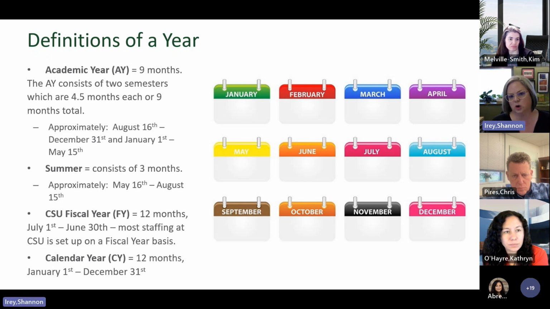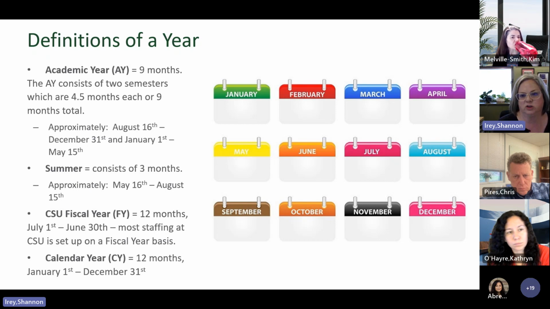But it's important to know what the academic year is when we have students on our projects, because we need to be setting up the expenses that go with a student correctly. So when they're set up on an academic year, we want to make sure that all the expenses, from tuition, et cetera, follow that student on those projects in the proportion that they're working on those projects.